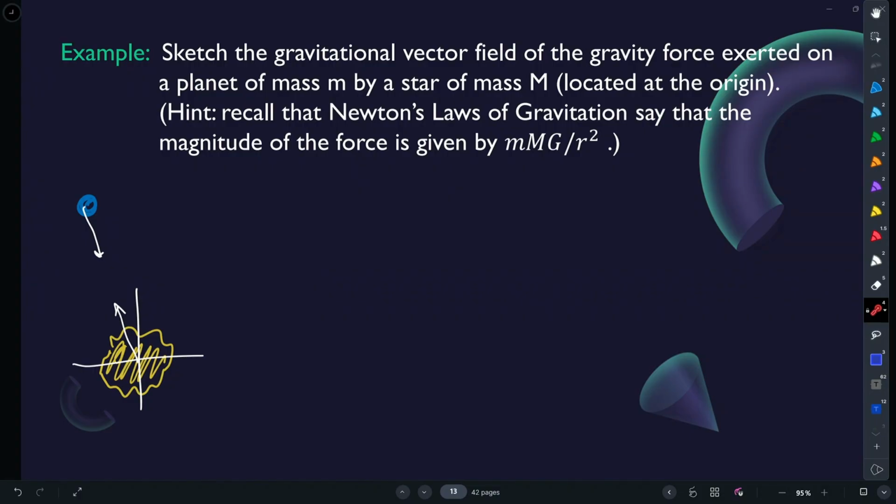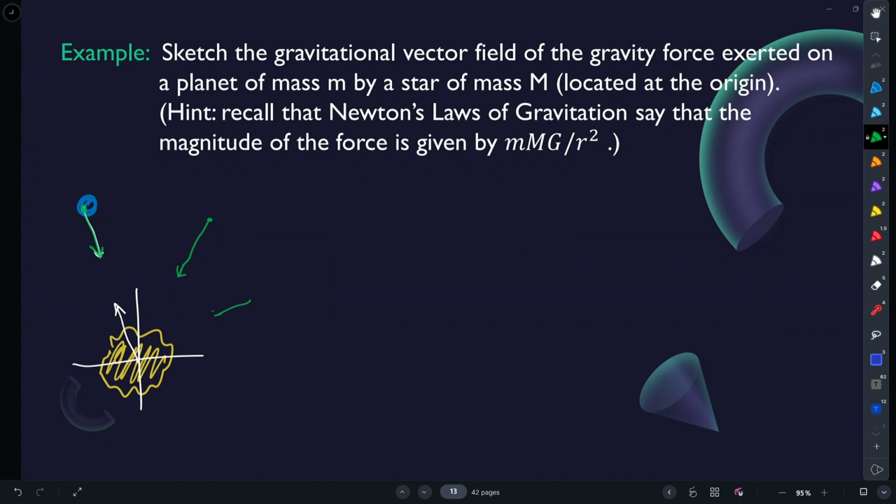So what are those vectors? What I'm asking is what is the gravitational vector field on the planet, not on the star. So I want the vector on the planet itself. If it was here, it would be this one. If it was here, it's going to go to the sun.